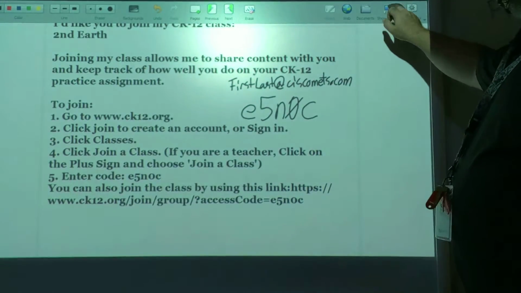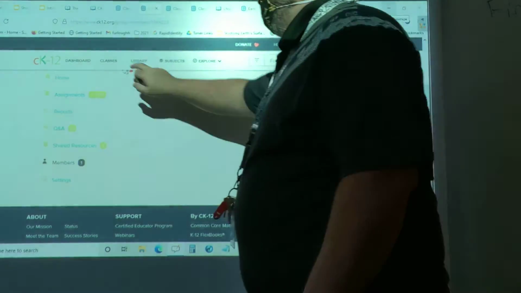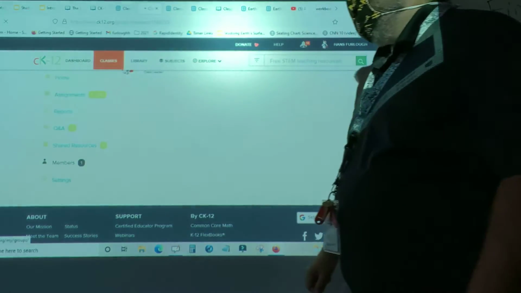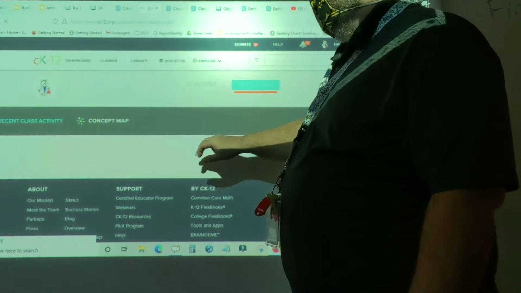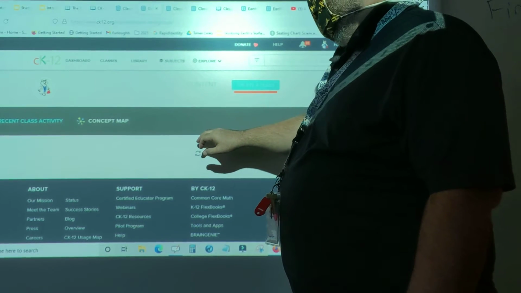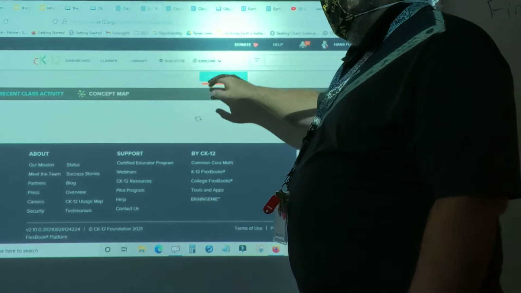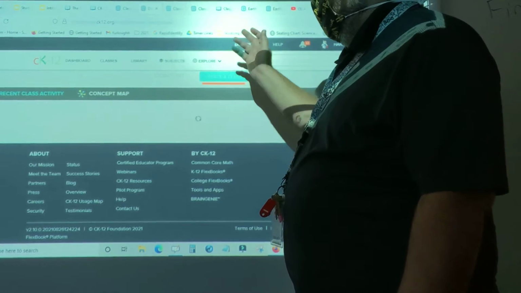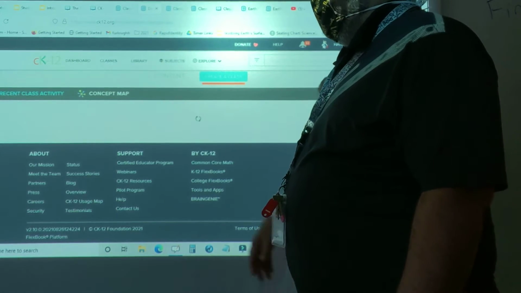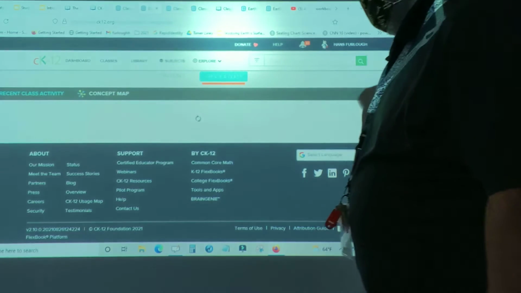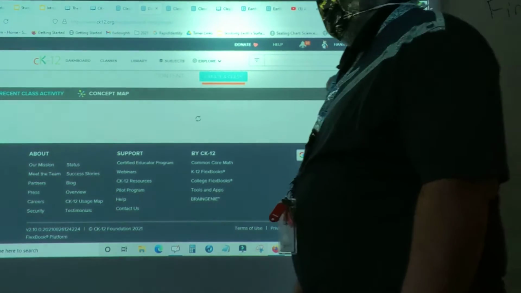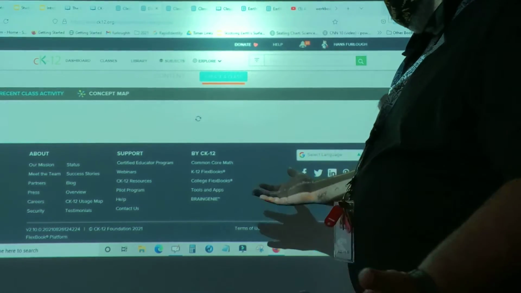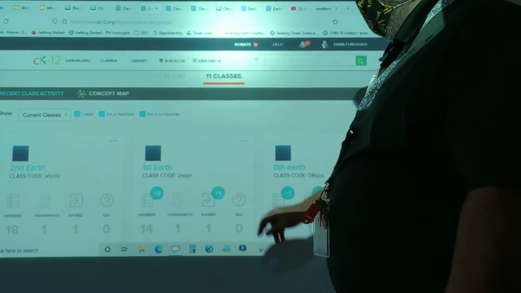Alright, so once you are in, if any of your teachers end up using it, you can see multiple classes when you click on classes. All right, here we go.